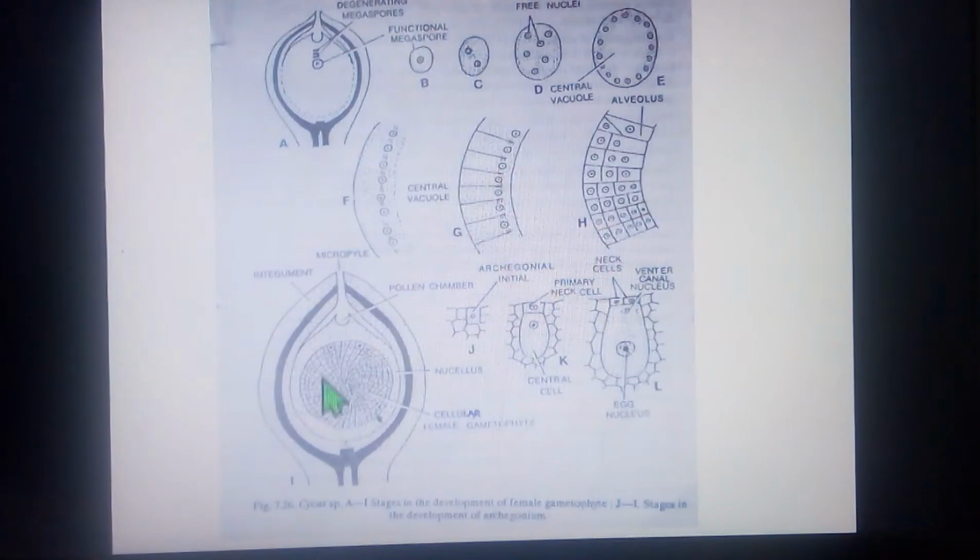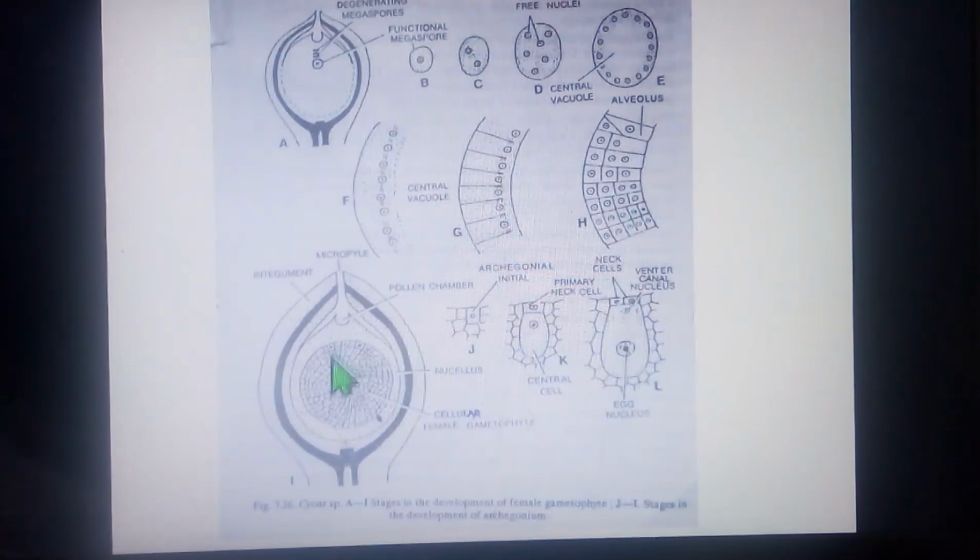So this cellular female gametophyte is referred to as the endosperm, and the nucellar tissue forms a layer which surrounds this endosperm, and that layer is known as the endosperm jacket, and it is nutritive in function. Okay, it is nutritive in function.